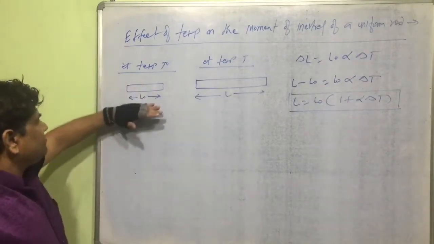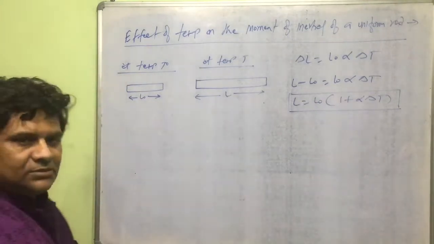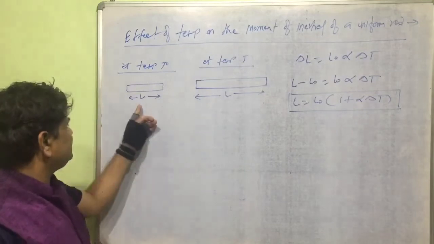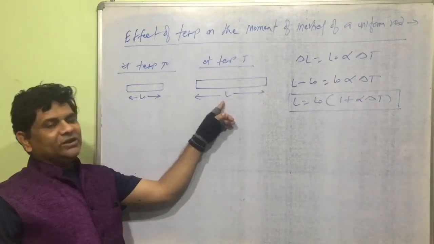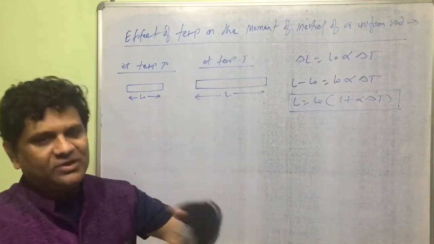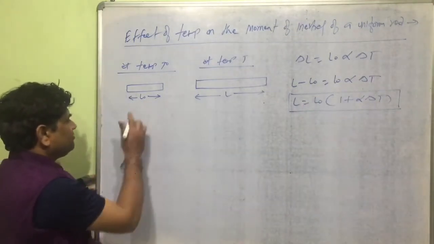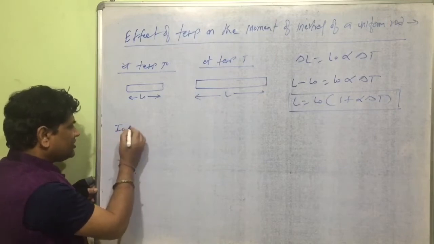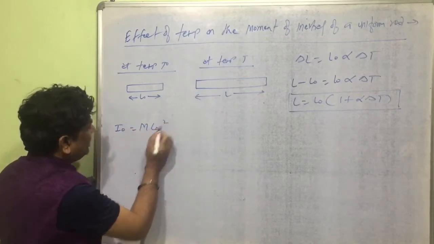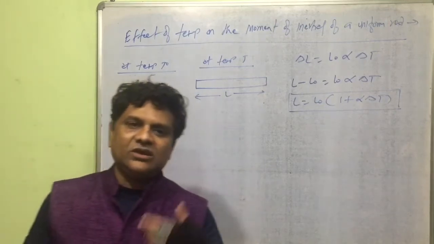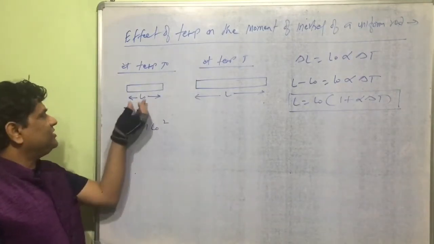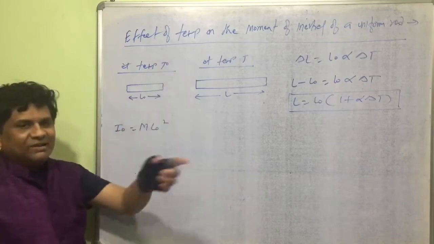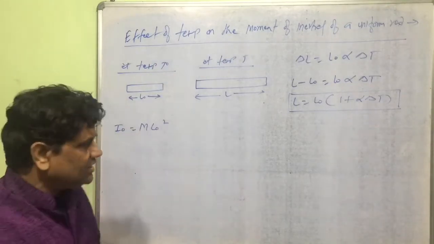Now, what is the initial moment of inertia of a rod? Suppose initial moment of inertia of a rod is I naught, final moment of inertia will become I. Initial moment of inertia I naught is equal to m into L naught square. This is the initial moment of inertia of a rod at temperature T naught.